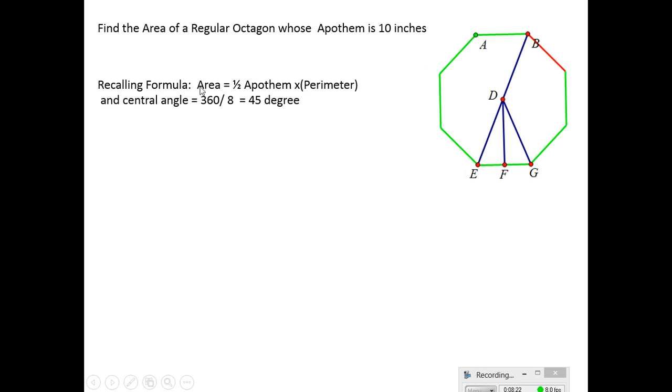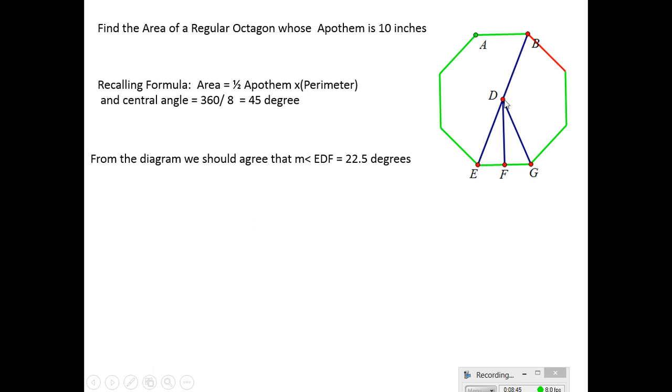We need to recall the area formula: 1/2 the apothem times the perimeter. We have the apothem. We do not have the perimeter, so we need to find it. We can find the perimeter using trigonometry. We look at our triangle here. The 45-degree angle is the angle EDG.